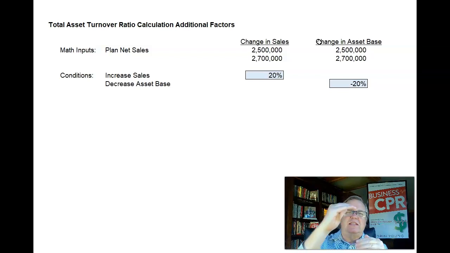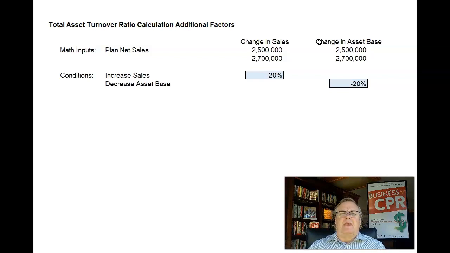One is you can increase sales, and that will change your ratio, or you can decrease your asset base so that you have fewer assets sitting on your balance sheet that are intended to generate sales. In other words, you're freeing up cash by removing assets that aren't contributing to the business. That too is a very wise move.